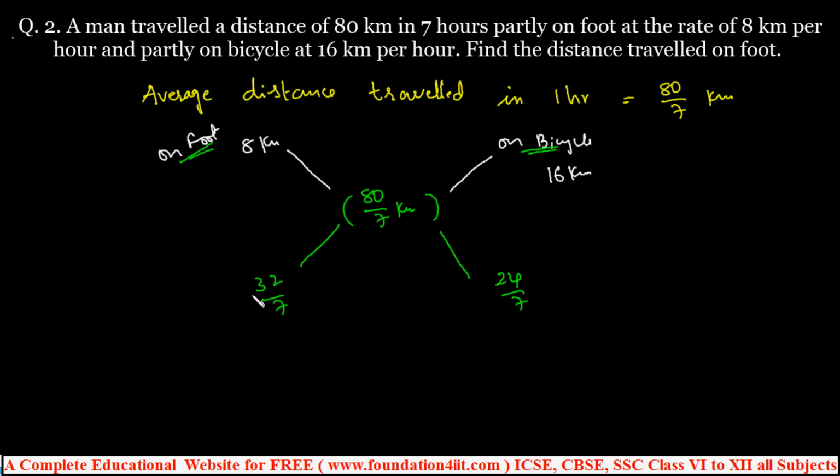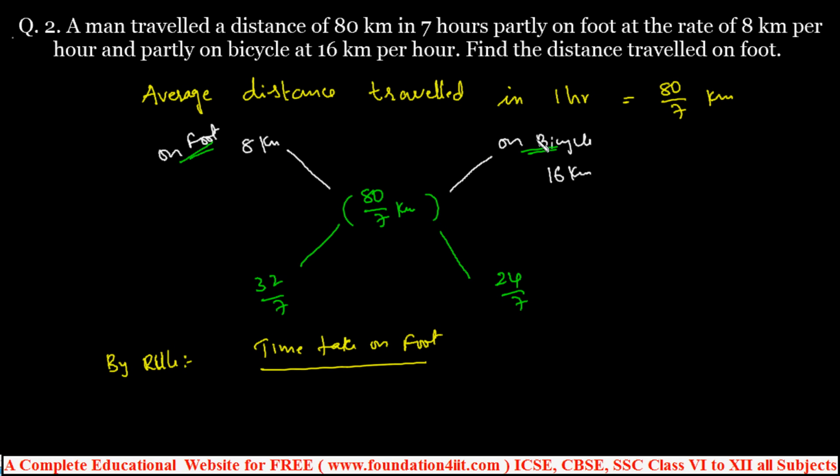Now by the alligation rule, according to the mixture rule, that is the time taken on foot, because the starting one is foot, next is bicycle.